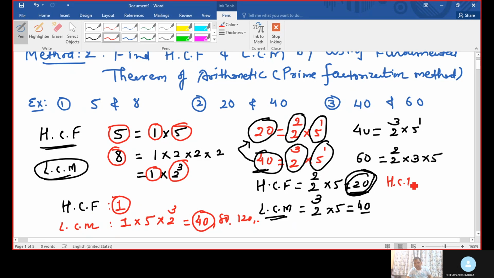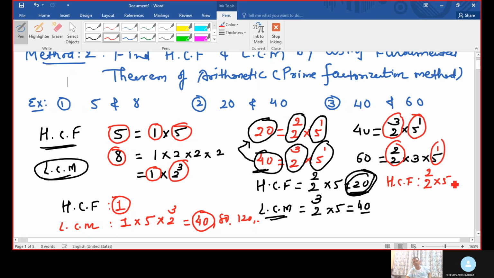Which factors are common? Here 2 is common, but as 2 raised to 2 and 2 raised to 3. When we find HCF, common number with the smallest power. So 2 raised to 2. Common factor 2, smallest power 2. Then 5 raised to 1 is also common, in both.